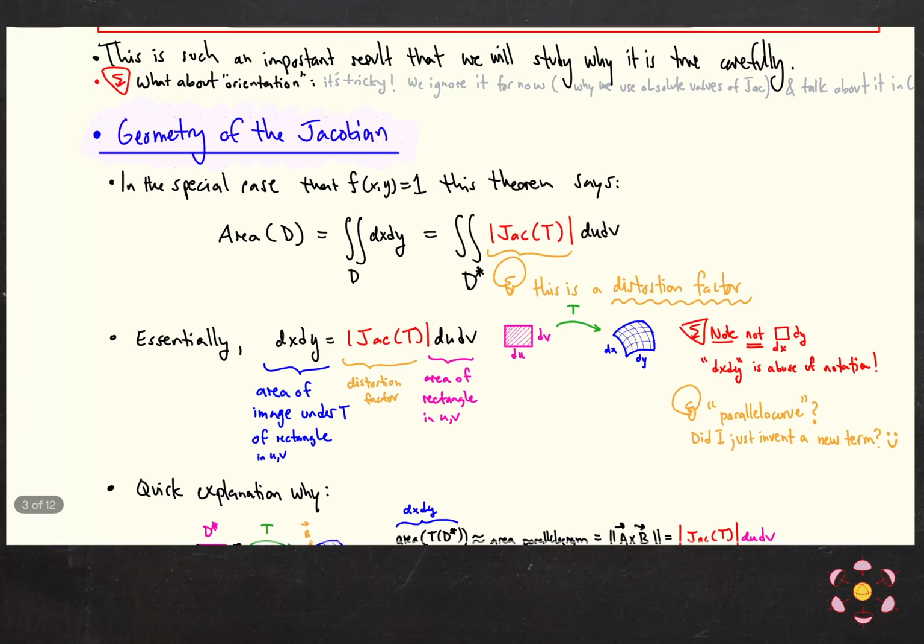I have two little remarks at the top of the video. Number one, this is a super important result, which is why we're going through it so carefully. It's really the transition point where, in Calc 1, 2, and even Calc 3 up to this point, we've really just been doing calculation.